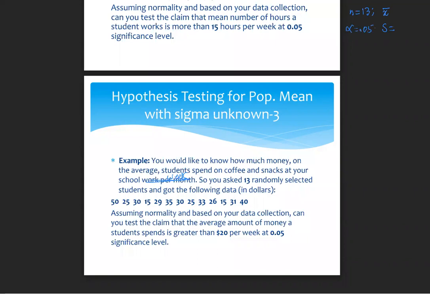At that significance level, what do you get? Can you test the claim that the average amount of money a student spends is greater than $20 per week? So mu is greater than 20 versus mu is less than or equal to 20.